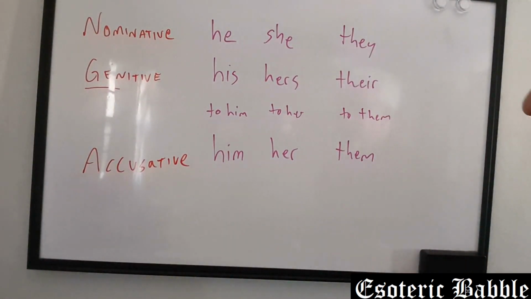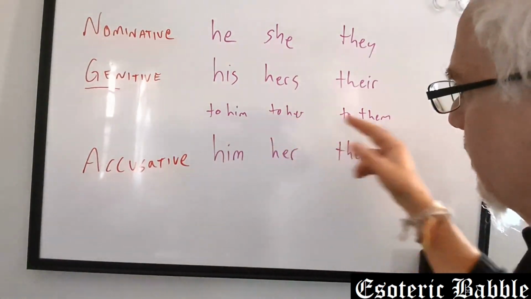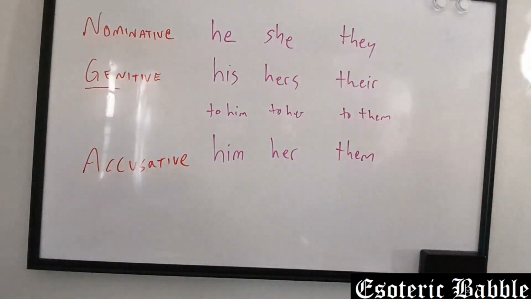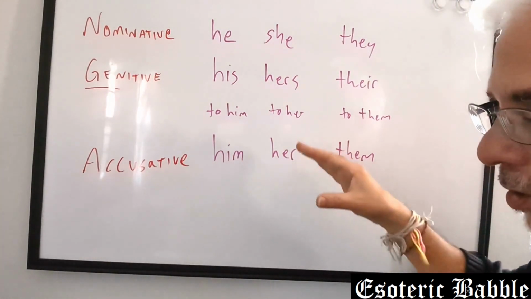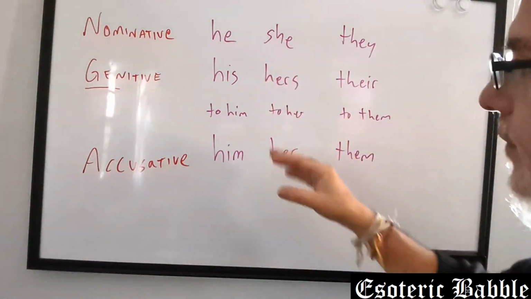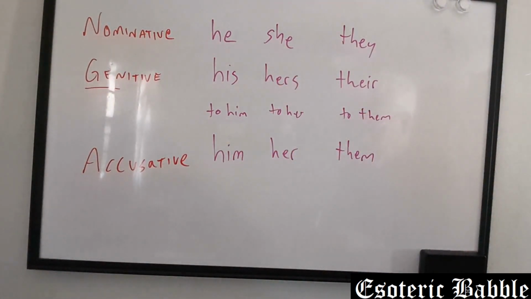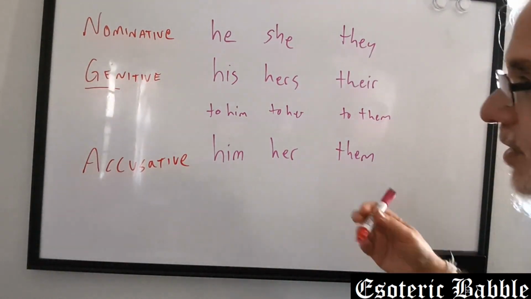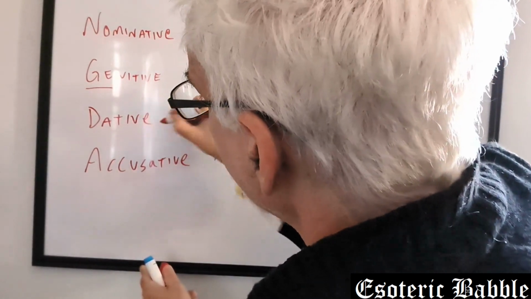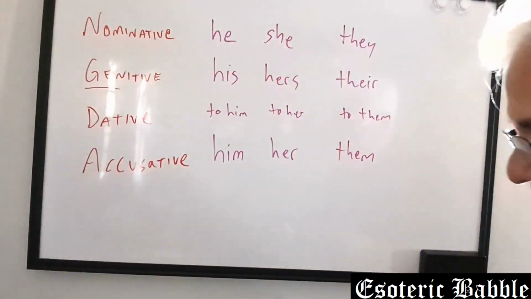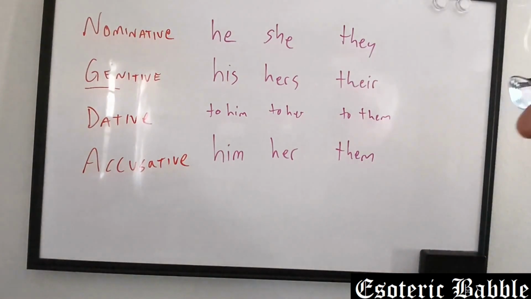We have to express this idea in English with this word to. In Greek, they actually will just have one word. They'll just have a different form to express this notion, and this is called the dative case. Dative meaning coming from the Latin dare, to give.